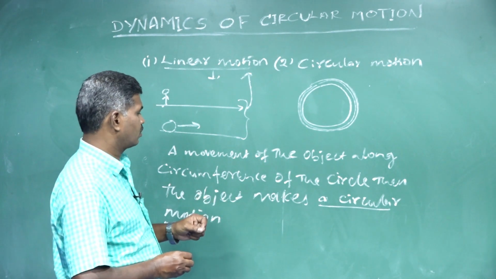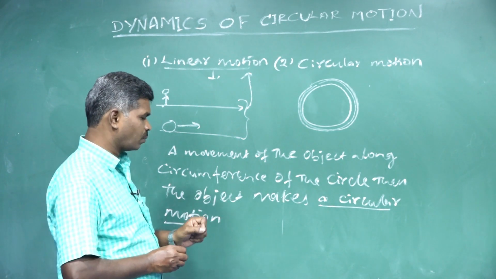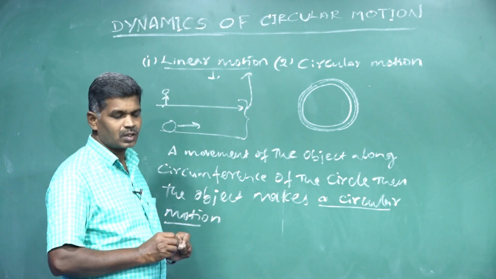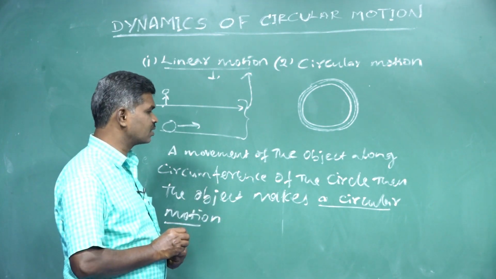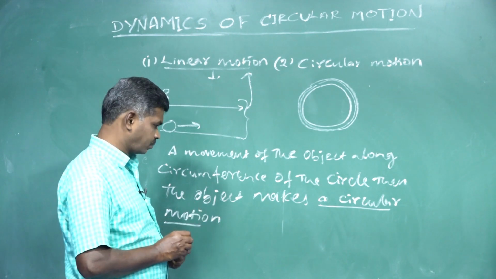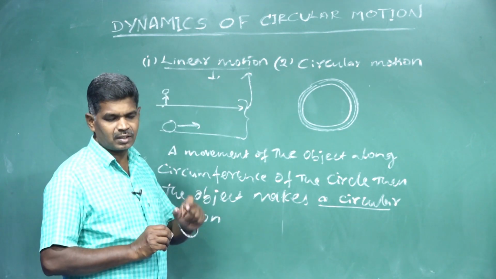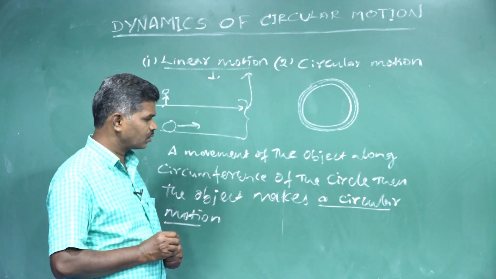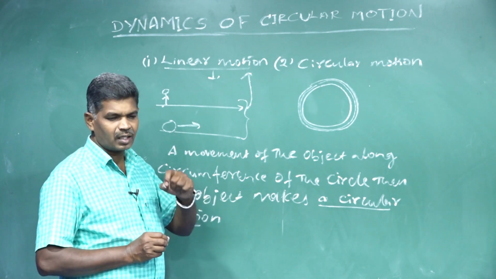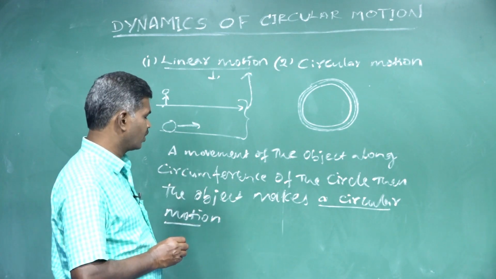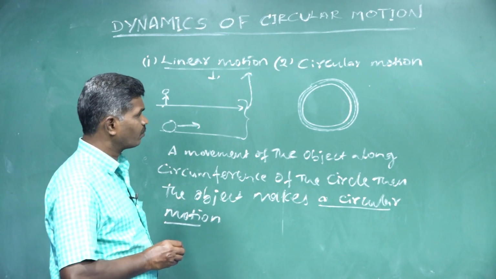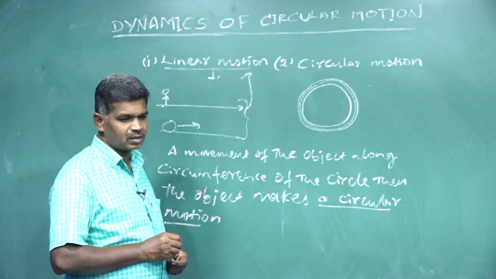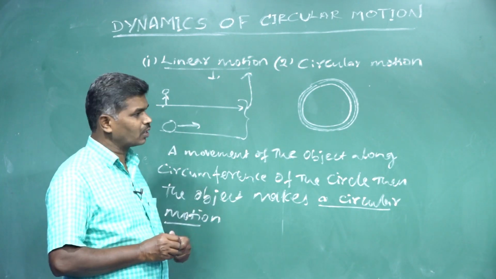At the time a particle moves in a circular path, its velocity or direction changes from time to time. If any particle's velocity changes from time to time, it means we require a force. So circular motion takes place with force only.